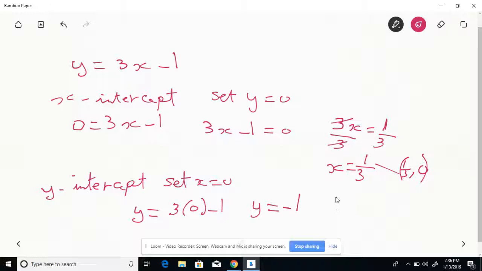Here we set x to 0, and we got y equals -1. So the x-intercept is 1 over 3, 0, and the y-intercept is 0, -1.